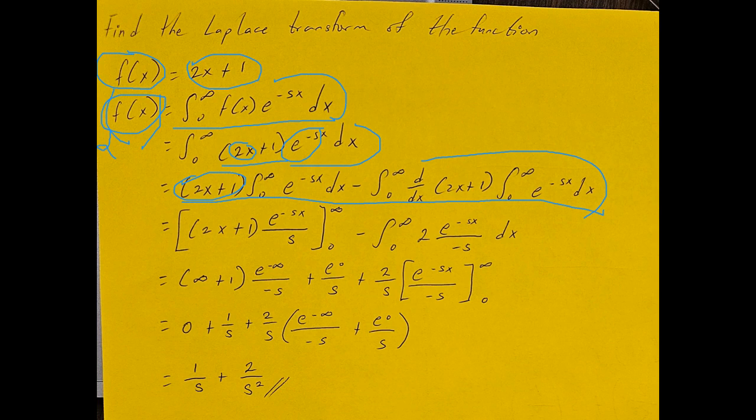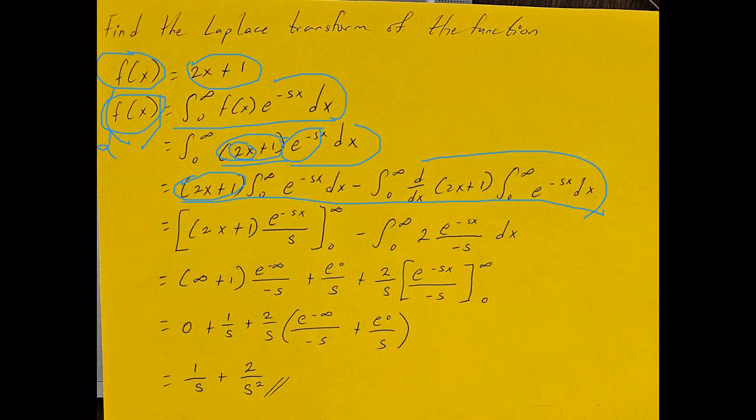My question is this: this 2x plus 1 is inside the integration sign. You cannot pull it outside the integration sign. So what properties are you using here? What do you mean? I put it up.